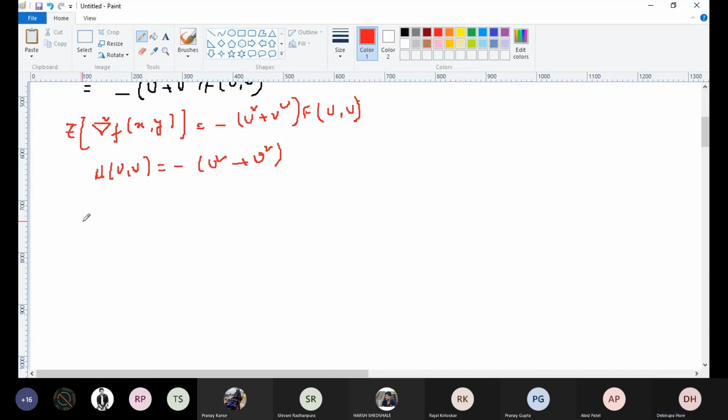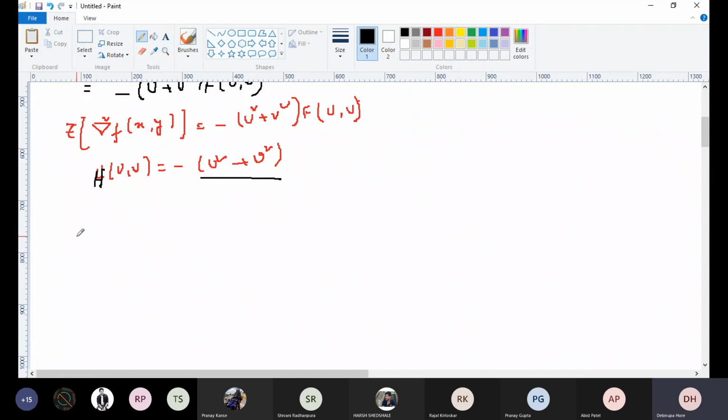Ma'am, the last sentence is? H of u, v is equal to minus (u square plus v square). So this is the expression for the filter.